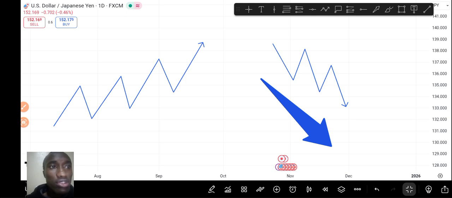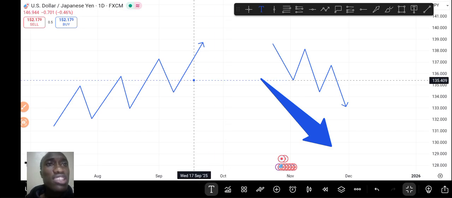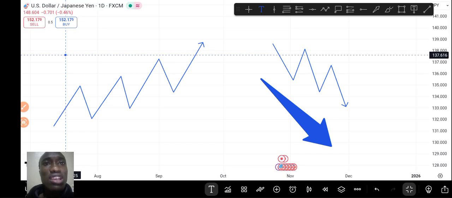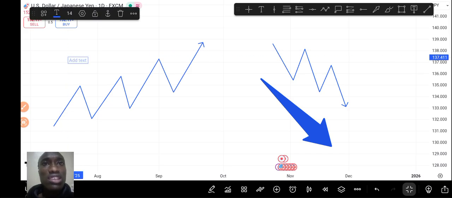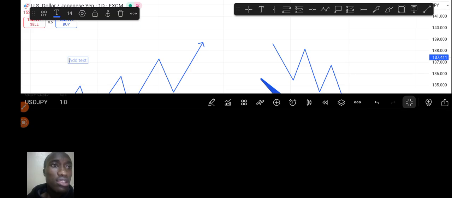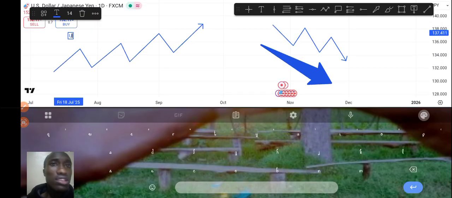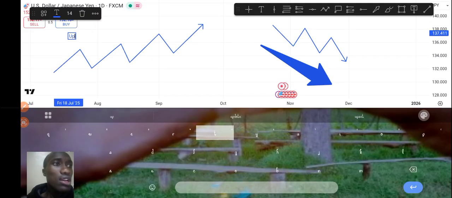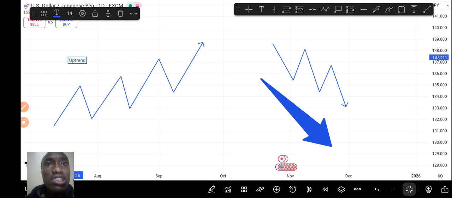Now, the first trend is known as an uptrend. It is an uptrend because an uptrend is characterized by higher highs and higher lows.